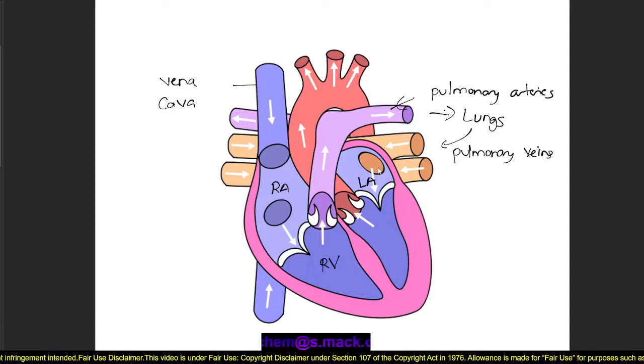The left atrium contracts, sends the blood into the left ventricle. The left ventricle will contract, send blood out of the heart through the aorta. This blood will proceed to the rest of the body. And this is blood flow through the heart, naming the accompanying vessels.